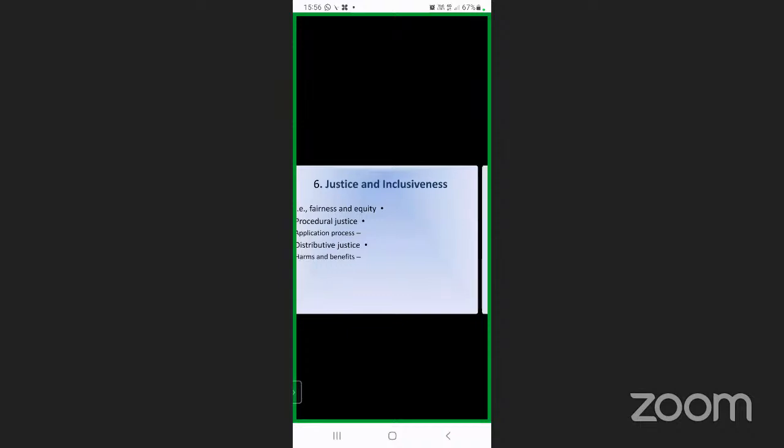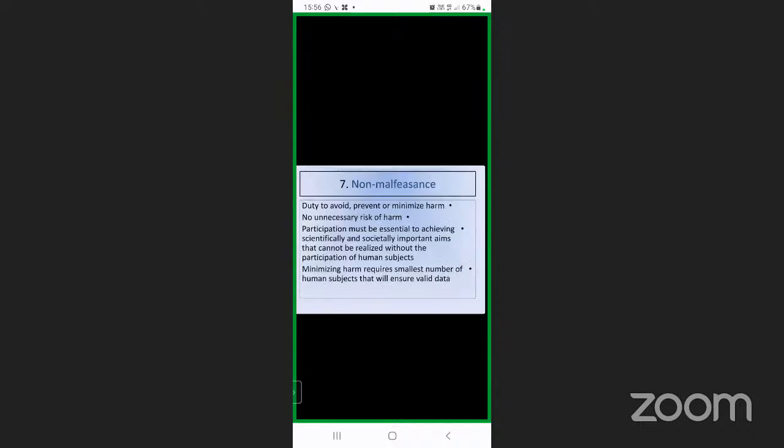Okay. Then non-maleficence. So that's our duty to avoid, prevent or minimize the harm. That is called the reasons. So no unnecessary risk of harm should be given.